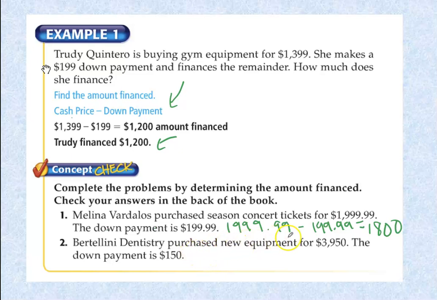Bernatelli Dentistry purchased new equipment for $3,950. The down payment was $150. So again, looking at my formula, 3,950 is my cash price. I'm going to subtract my down payment, and I get 3,800. Okay, that's all you need to do for those.